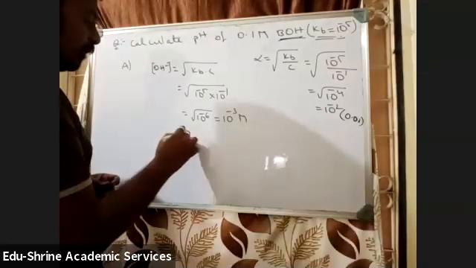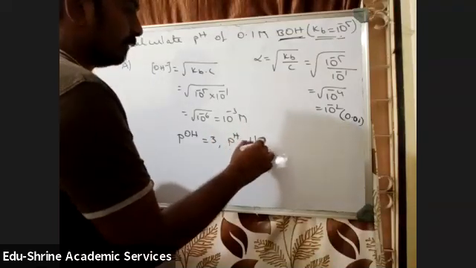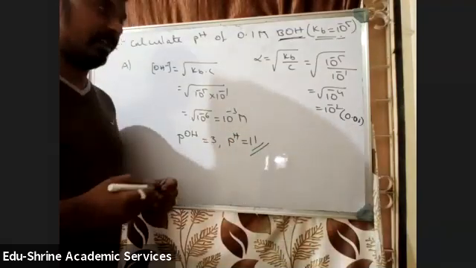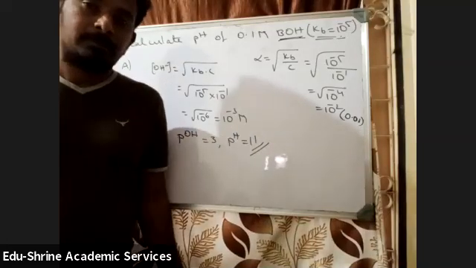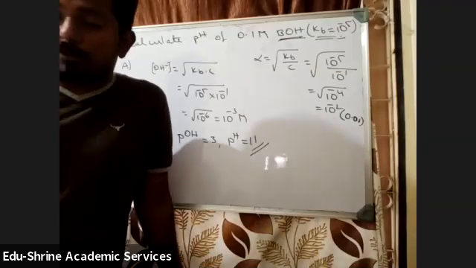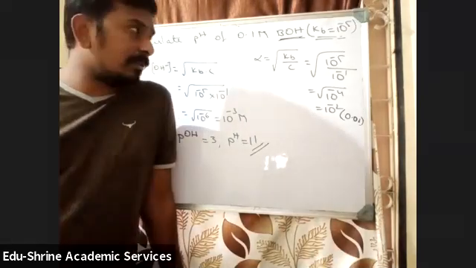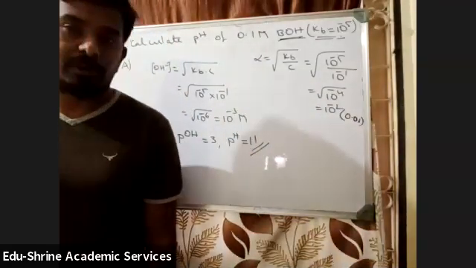That means pOH will be 3. If pOH is 3, what is pH? 11. So whenever it is a question based on weak acid or weak base, don't forget to check the value of alpha. That is important.